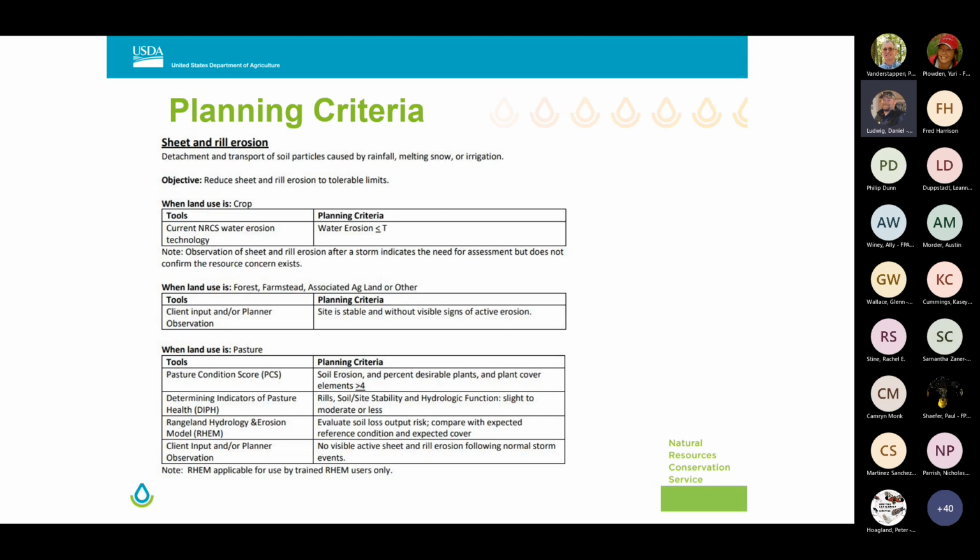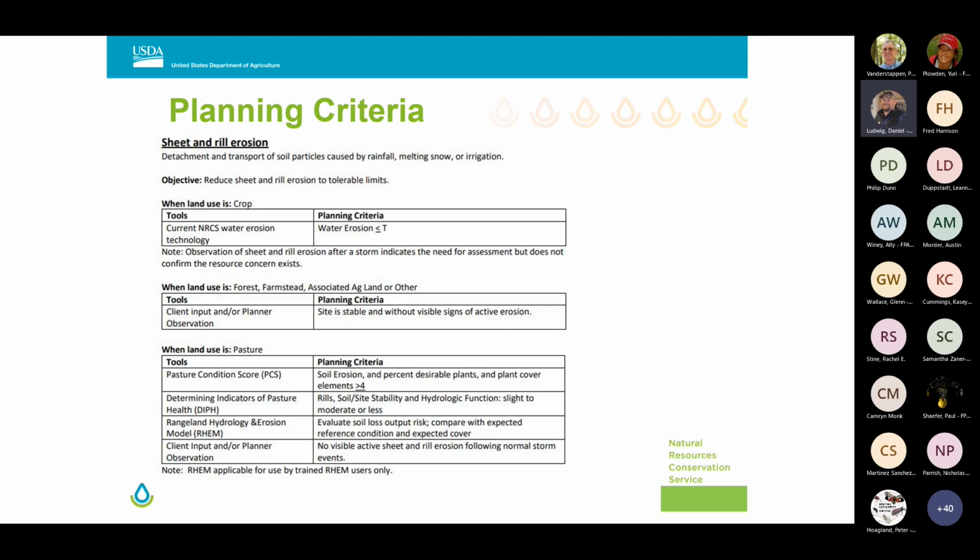Another thing I want to point out is in pasture, we now use the pasture condition scoring as our method to determine if we have a lot of these resource concerns, and there's 10 indicators on that pasture condition score sheet, and depending on what the specific resource concern is, it'll identify which indicators and the score.